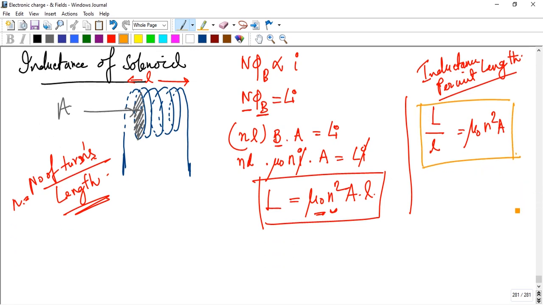Okay, clear? So what is inductance, how is the relation, and what is mu zero? Mu zero is the permeability of free space, equal to 4 pi into 10 to the power minus 7 Tesla meter per ampere. In the board exam, this constant is also given.